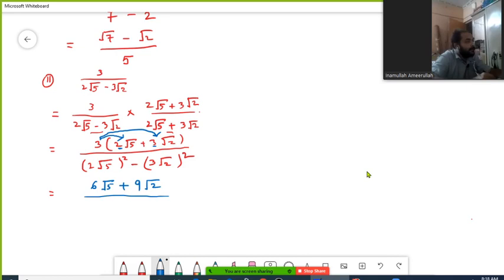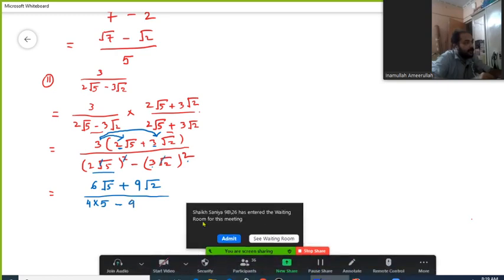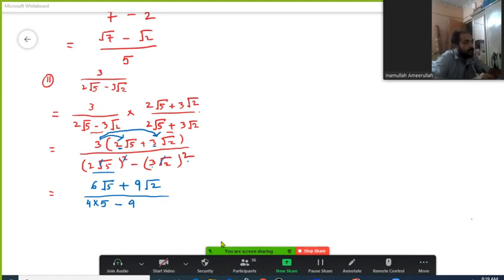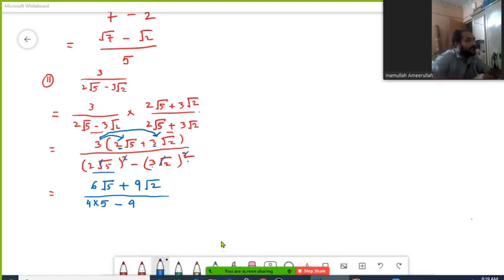When you take the square of this bracket, 2 square will give you 4, and the square and root will cancel, and you will have only 5, minus again 3 square, that is 9, and this root can be cancelled if you square it, which will give you 2.